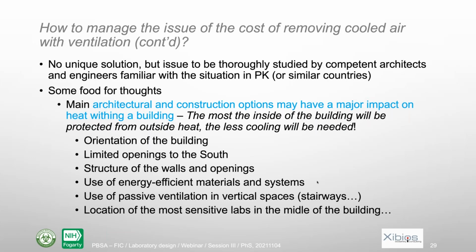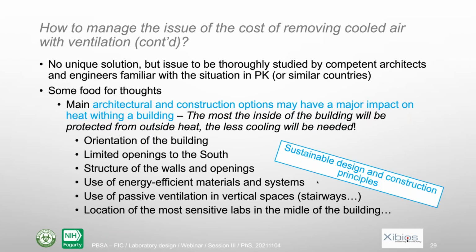You could also use passive ventilation in vertical spaces like stairways to cool down the building. And if you have some very sensitive labs that need a lot of cooling, you could protect them by putting them in the middle of the building. So clearly, sustainable design and construction principles should be used.